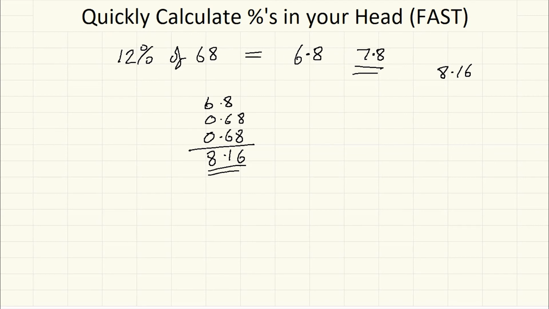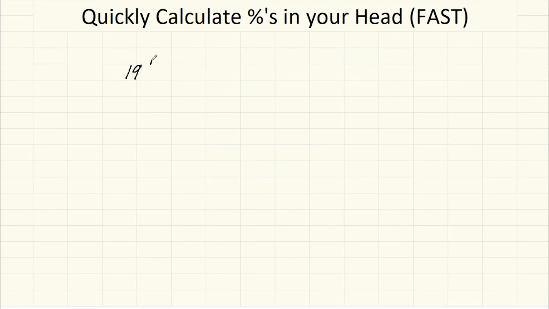Now have a look at these. What about 19% of 53? Okay, here we can say 20% as a rough estimate, but we can also change the figure we've got here as well. We can call this 50 if it makes life easier. 20% of 50 is 10.